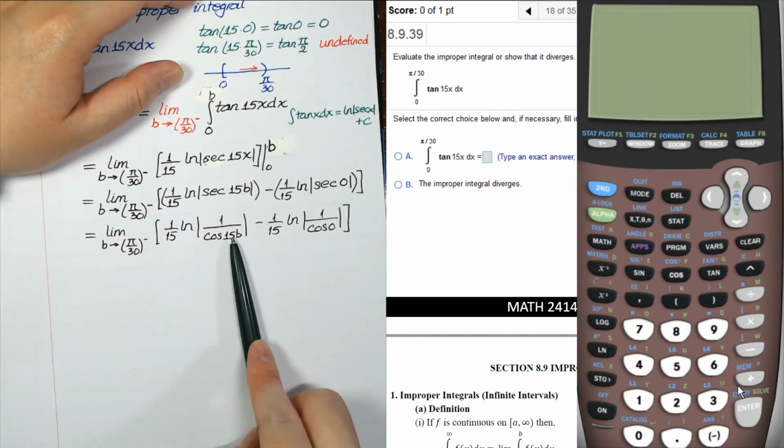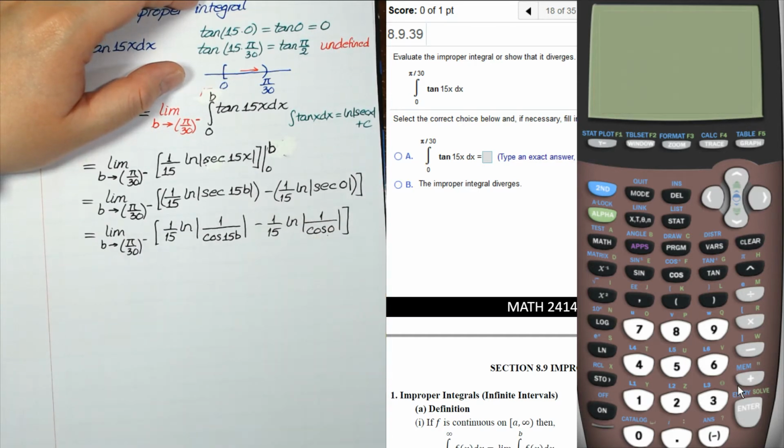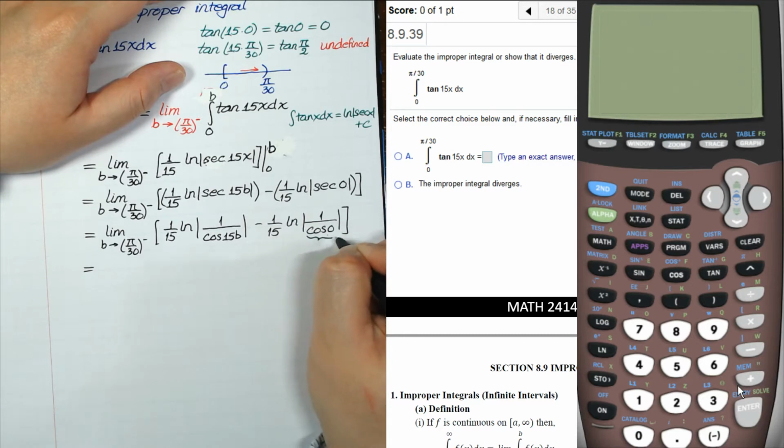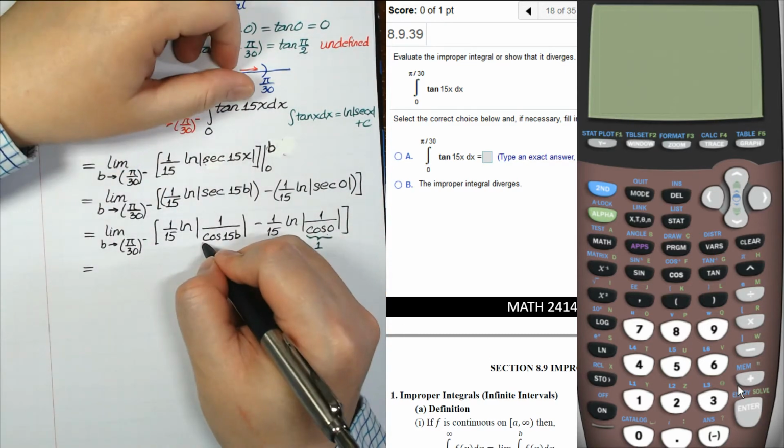Now we put in pi over 30, cosine 0 is 1. So this is equal to 1. Cosine 0 is 1. 1 over 1 is 1.